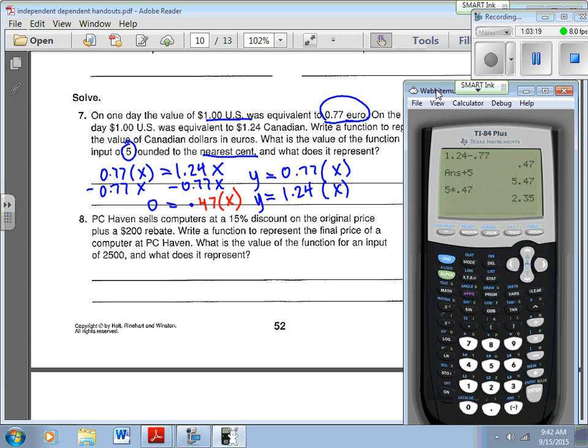So let's pretend you're going from Canada to Europe and you have $5. Well, you really have $7.35 euros. But because it's Canadian dollars, you have $5 Canadian, and now you're going to Europe. You wouldn't have more, you have less.